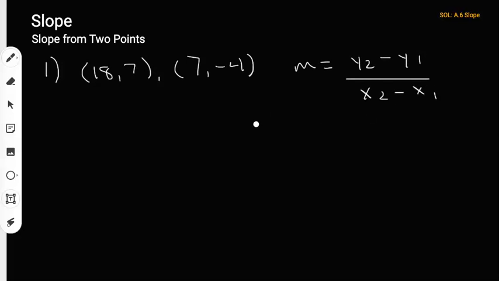Well, first, I have to identify what my coordinates are. We know that the x's are always going to come first when we do ordered pairs. So in an ordered pair x comma y, the x value always comes first. So this is going to be an x, and this is going to be an x. The y value always comes second.